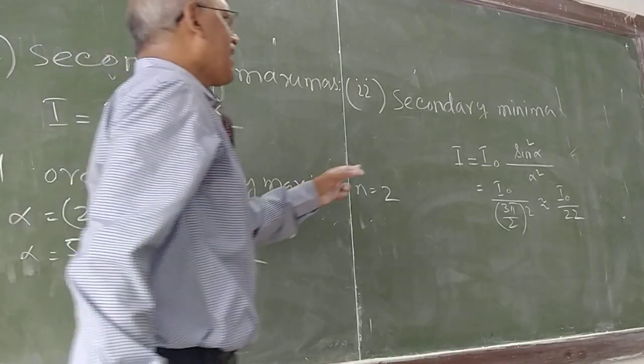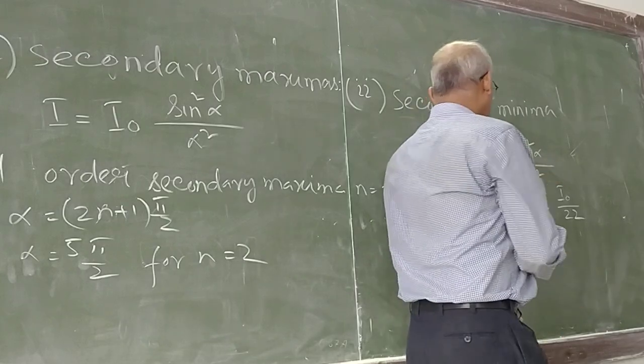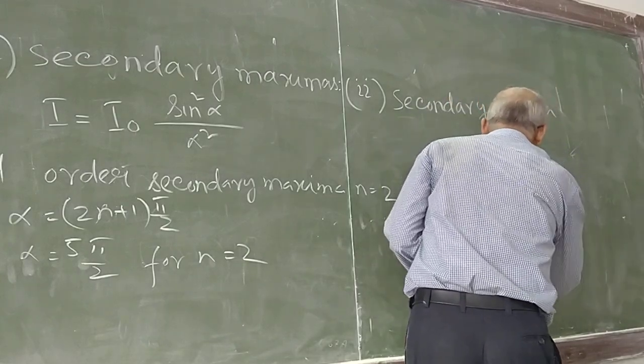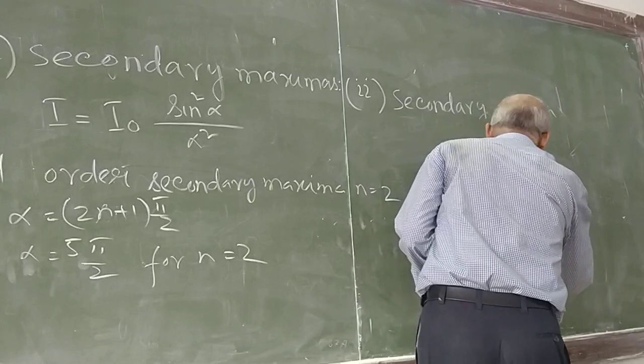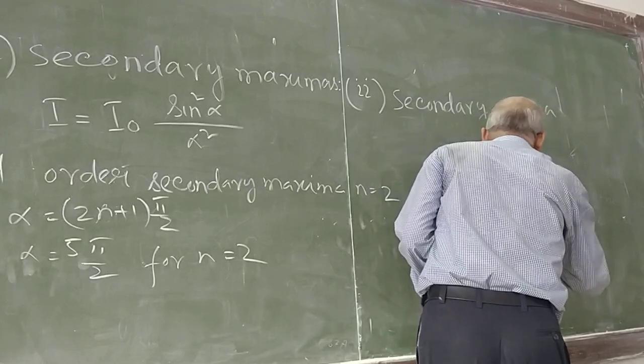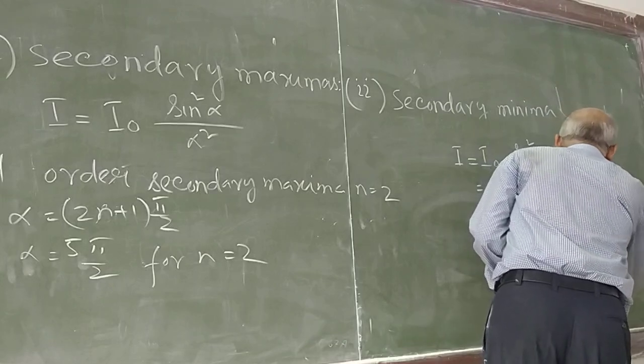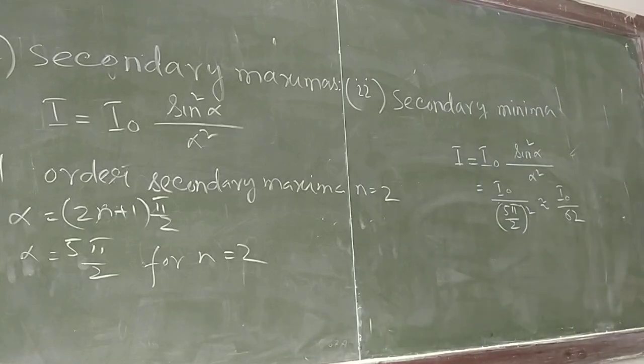Same thing, again write I is equal to I naught sin square alpha by alpha square. It will be how much? You can write 1 by (5 pi by 2) whole square, which is equal to 62. It is decreased to 62 times that of central maximum. Almost equal to that.